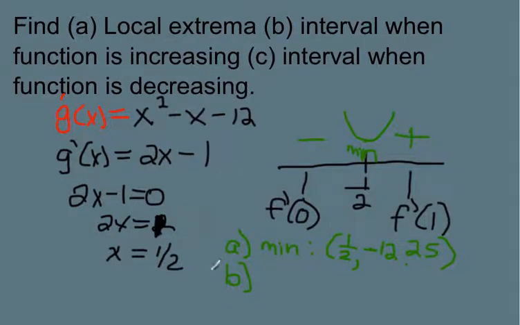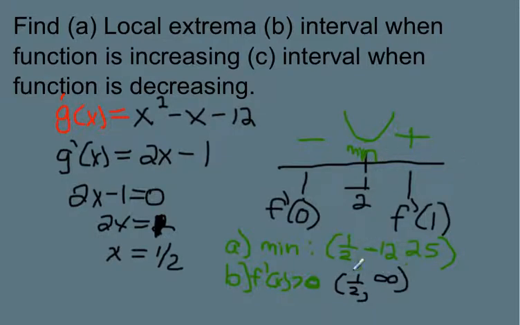We know the function is increasing, from the mean value theorem, whenever the first derivative is greater than 0. So where it's positive is from 1/2 all the way over to infinity.